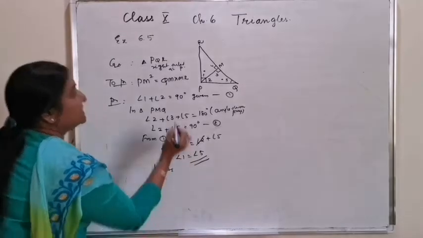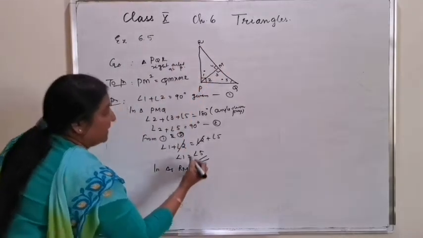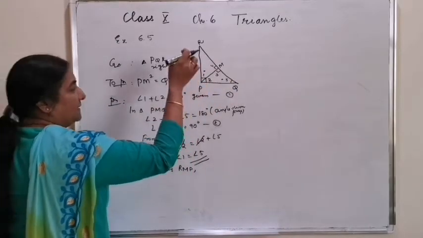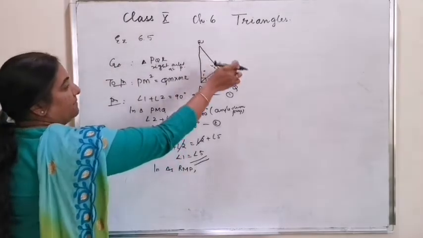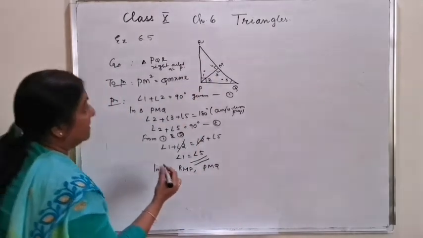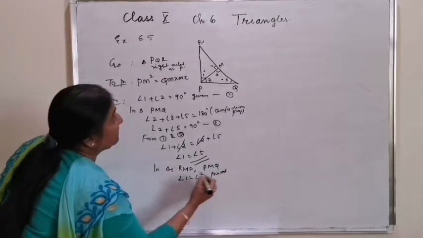In triangles RMP and PMQ, angle 1 is equal to angle 5, proved.